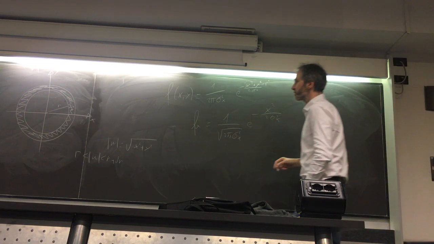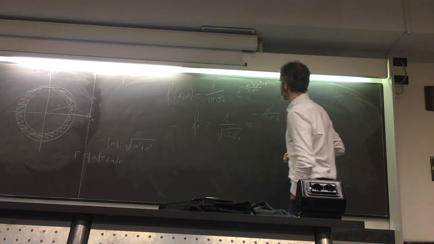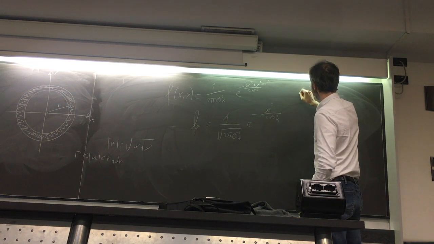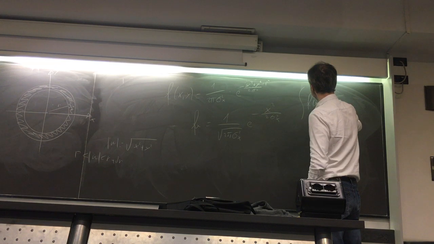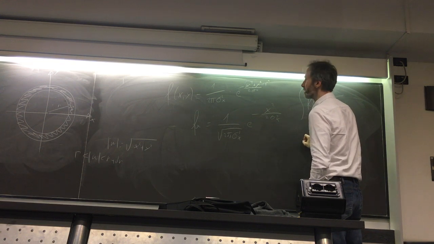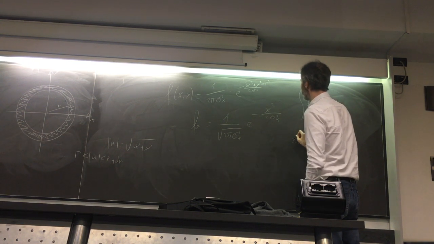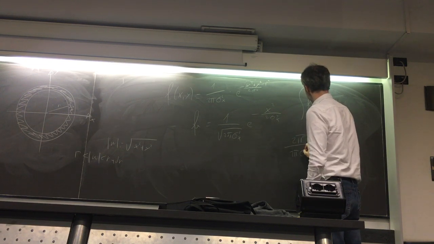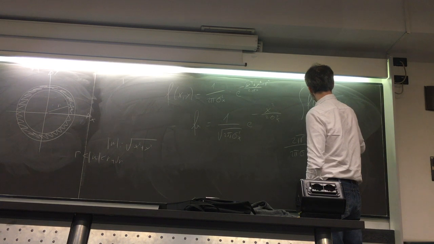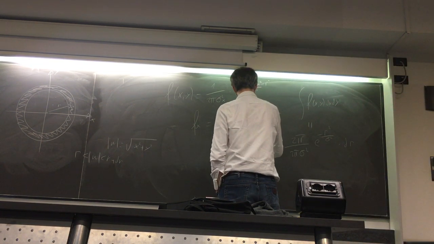So the probability that the absolute value of noise falls here is equal to the integral of this function in this shaded area, and this is equal to 2 pi over 2 pi sigma square times this. So this is the probability.